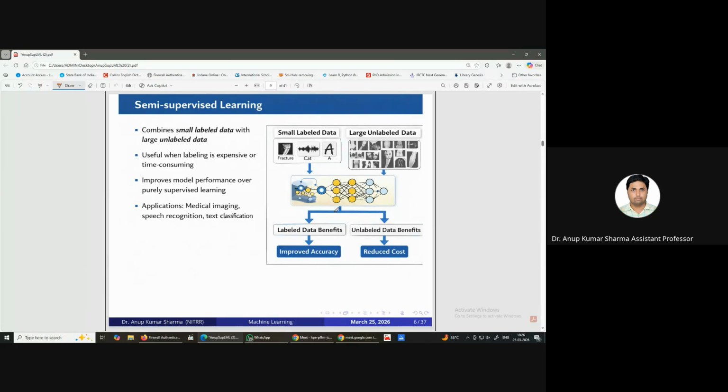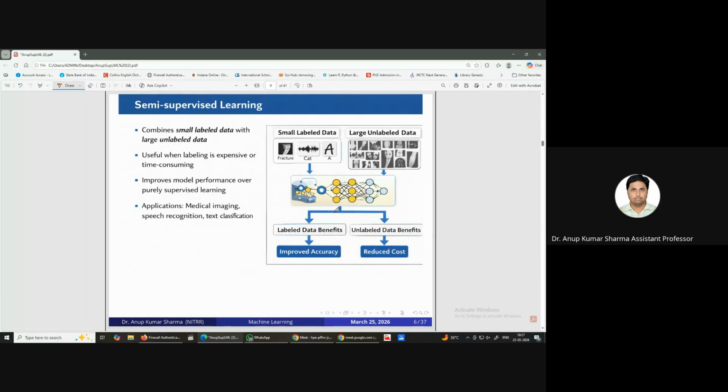Based on that part, we improve our accuracy. Before, we had data that was unlabeled, with no label. Suppose we have some clues; by this process, we can increase the accuracy of the data.